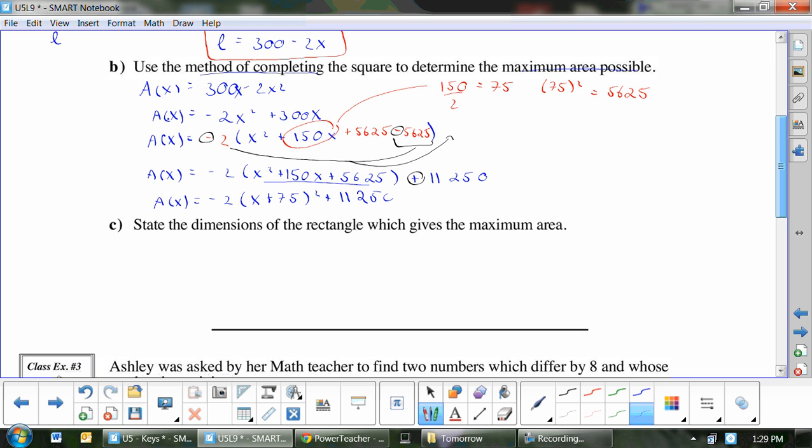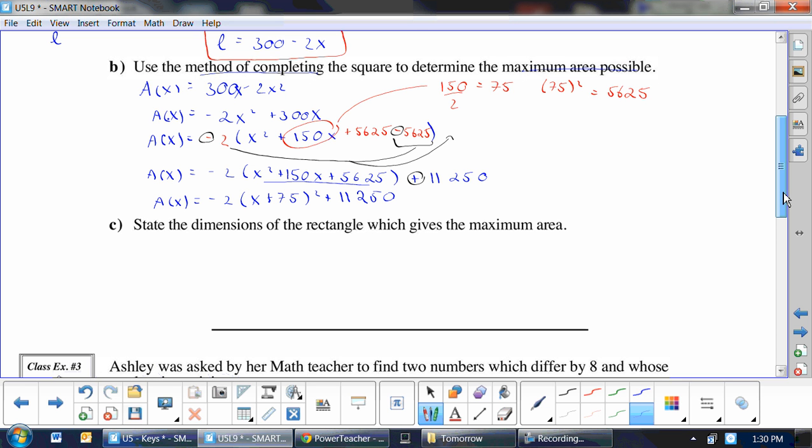So, can someone put up their hand and tell me where you find the maximum on your graph? Yes, Josh? At the vertex. Can someone tell me what the vertex is?